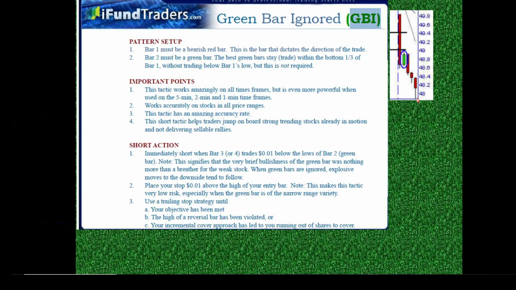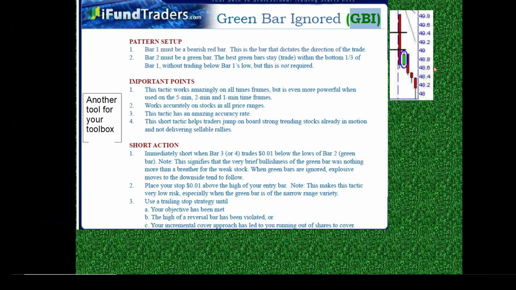Just like ribbies, gibbies work on all different time frames and all different price ranges. And they're pretty accurate once you get them. So this is another tool to put in your toolbox, ribbies and gibbies.